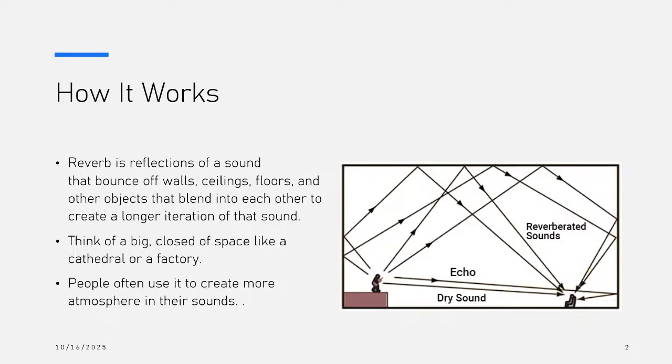In this way, reverb doesn't just make sound last longer, it makes it feel alive and more dimensional. In a large echoing hall or cathedral, for example, the long reverberation time makes sound seem grand, spacious, and immersive. Each note or word blends slightly with the next, creating a feeling of openness and emotional weight.